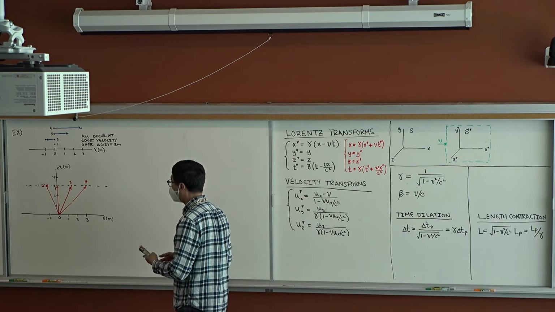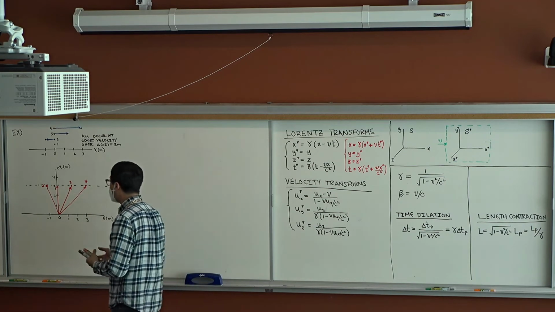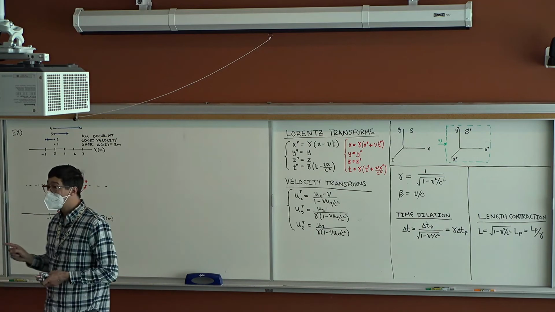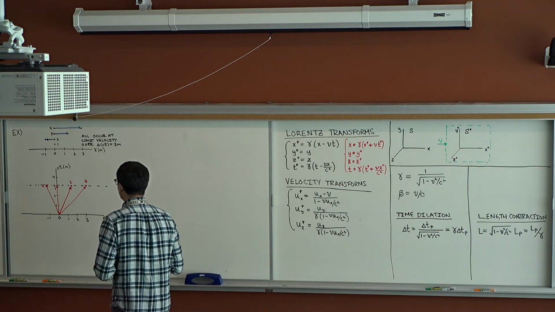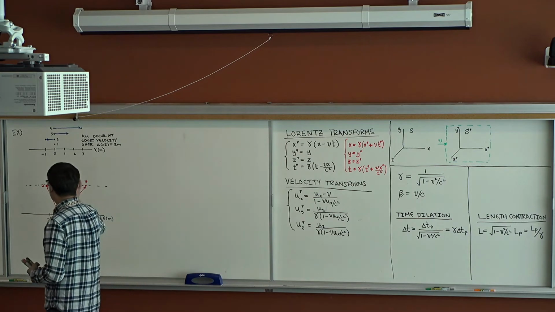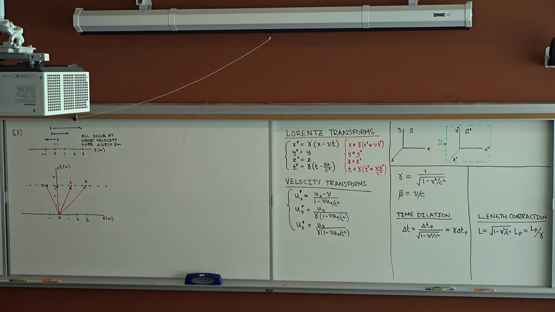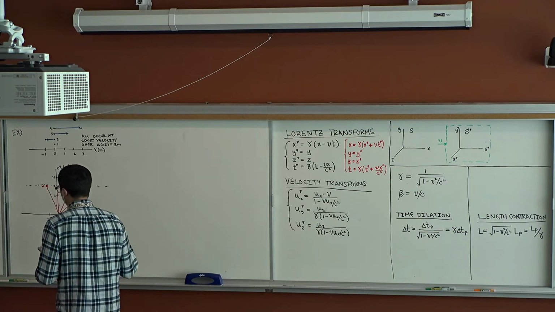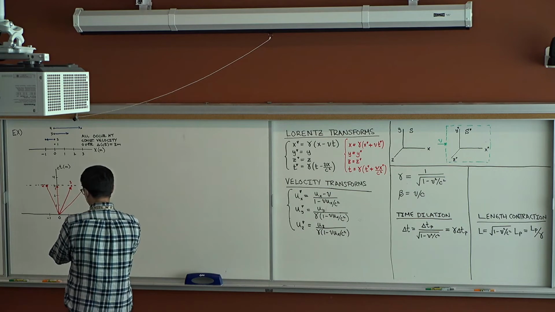So we often refer to these as world lines. They're actually very useful. And the thing that I want to point out to you is that buried in this is a statement of the speed of the particle. And so let's look at the speed of particle 3.